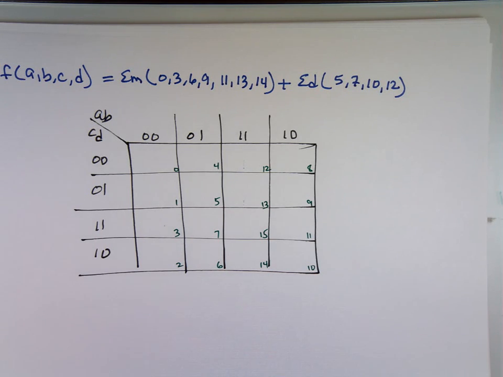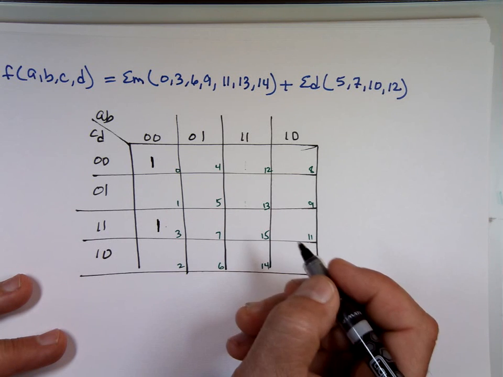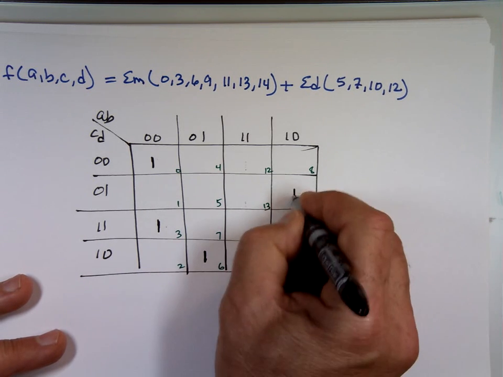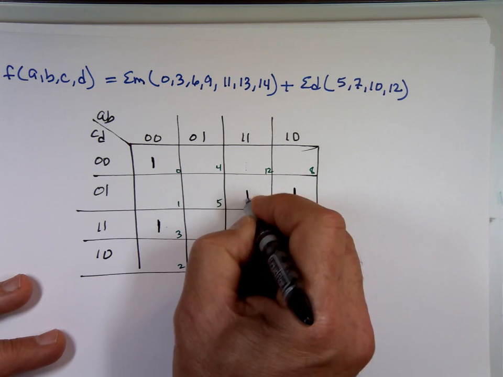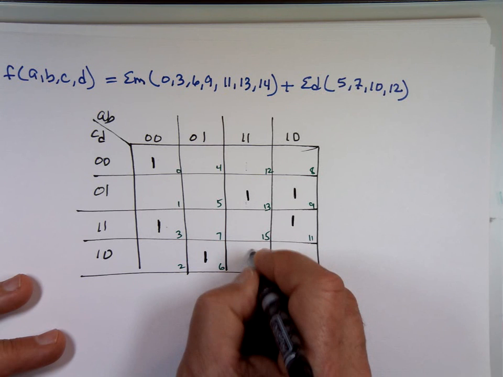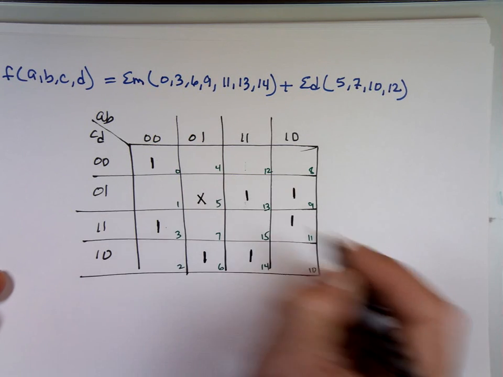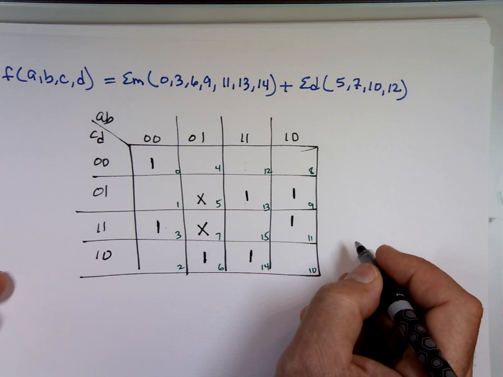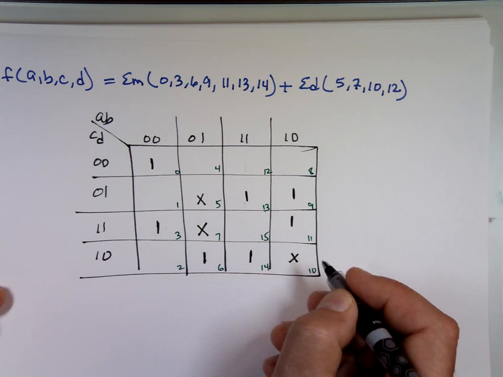You're going to be 1 at 0, at 3, at 6, at 9, at 11, at 13, at 14. Don't care at 5, at 7, at 10, where's 10? And at 12.